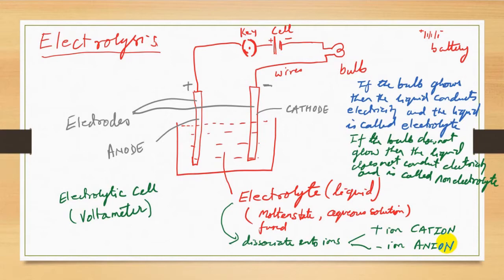Anode is positive but anion is negative. Understood? So these terms you have to know. Now from these terms we'll go into the next part. Now we'll see what are the things which we have to study. These are a general description of the terms.